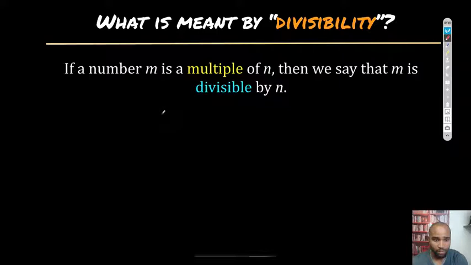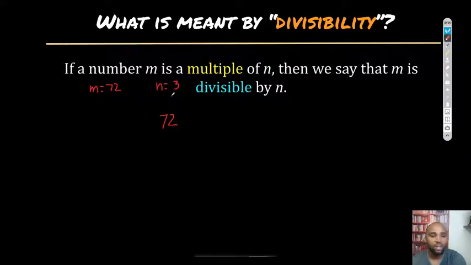Let's take 72 as our m to make sense of this definition. If m is a multiple of n, let's say a multiple of 3, then we say that m is divisible by n.